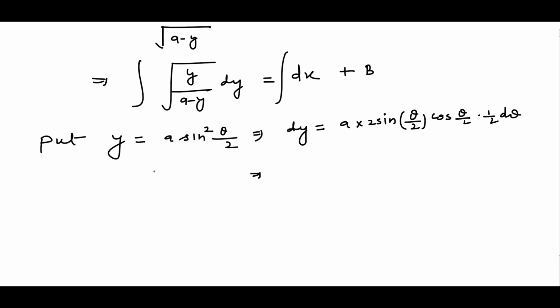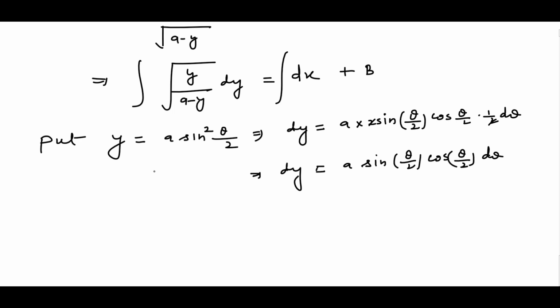So the 2 gets cancelled out. So we can write dy is equal to a sine theta by 2 cos theta by 2 d theta.